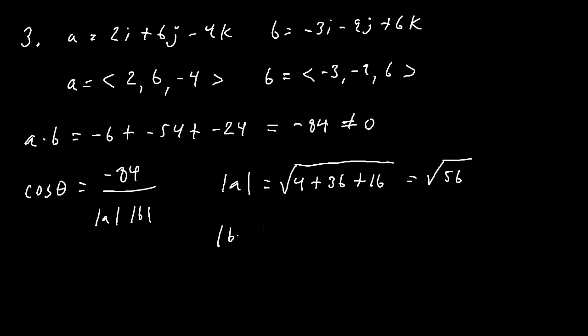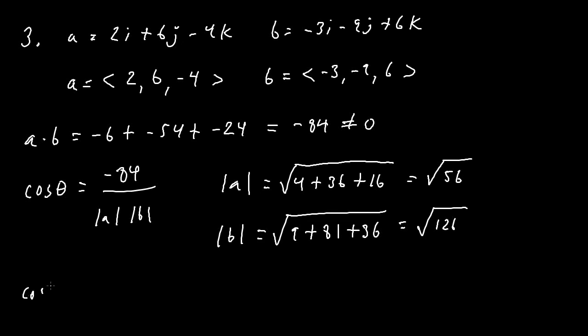Now in order to find the magnitude of b, we're going to take its x component squared, so 9, plus its y component squared, 81, and then plus its z component squared, 36. And that should give us a value of 90 plus 36, or 126. So let's go ahead and plug those numbers in. So we get cosine of theta equals negative 84 over magnitude of a, which is square root of 56, times the magnitude of b, which is square root of 126.